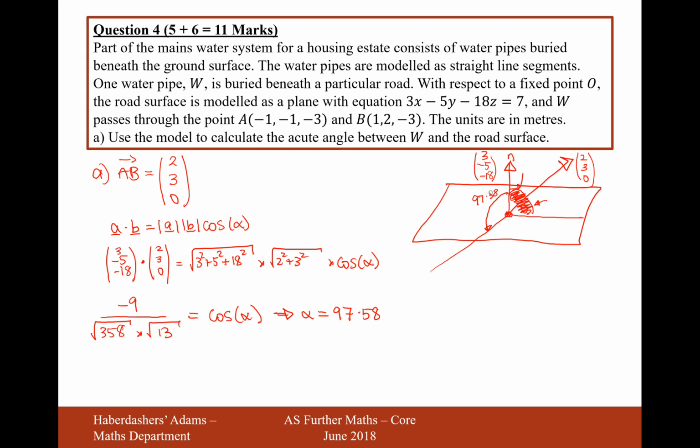So now what I need to do to work out just this bit of the acute angle here is I just need to now do 97.58 subtract 90. So 97.58 minus 90 is 7.58 degrees. So there we are, that's the answer for part a, 7.58 degrees.